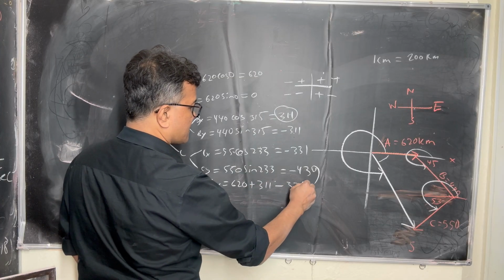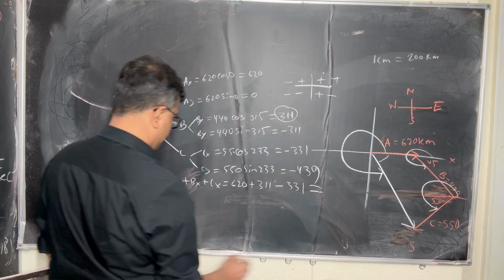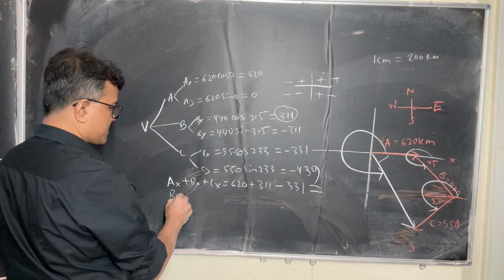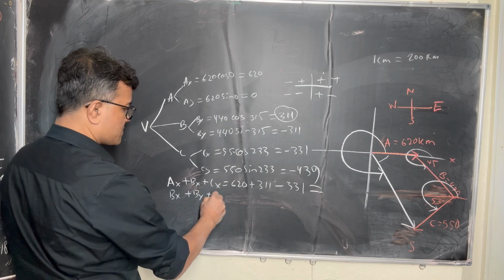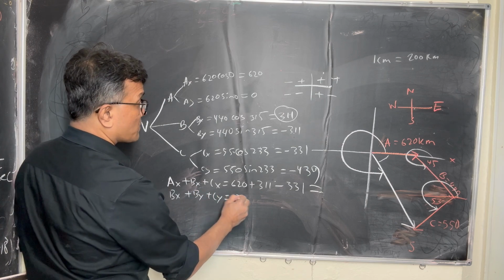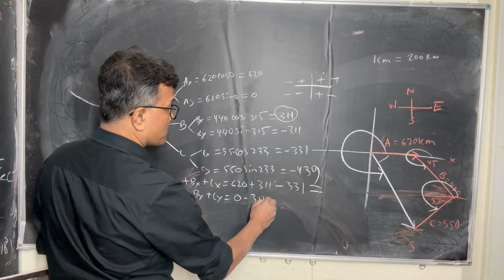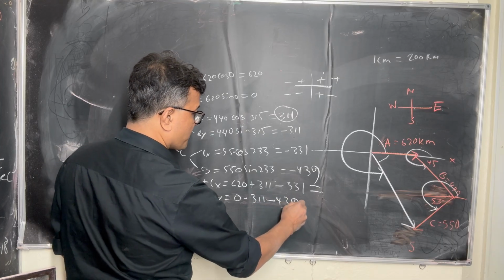minus 331. And AY plus BY plus CY is equal to 0 minus 311 minus 439.